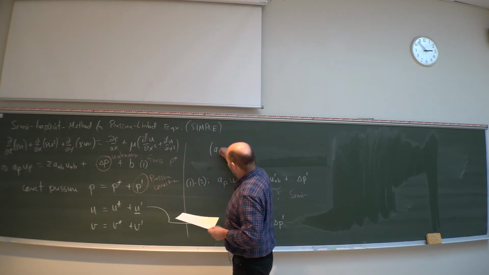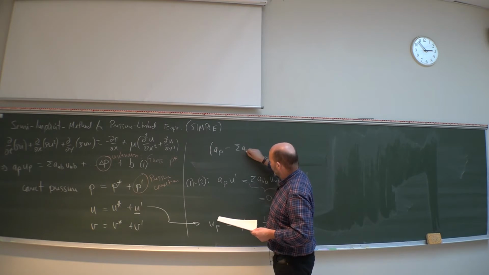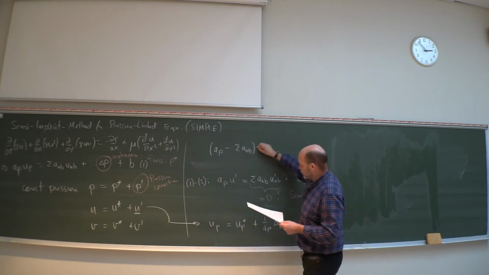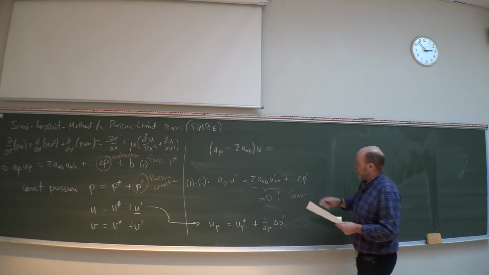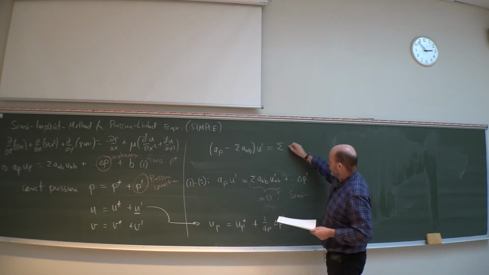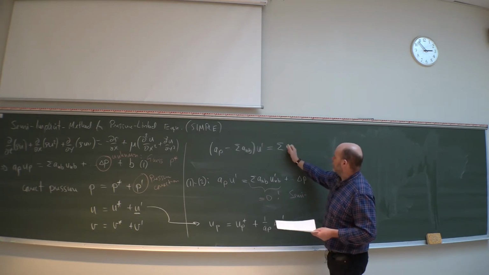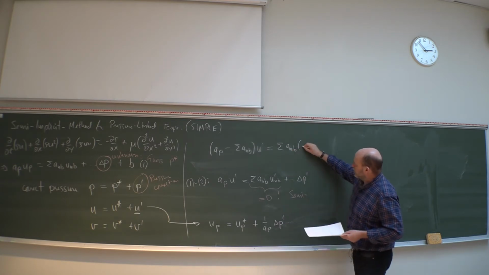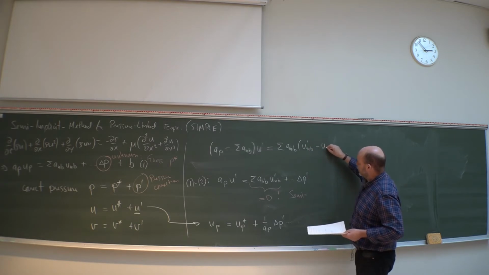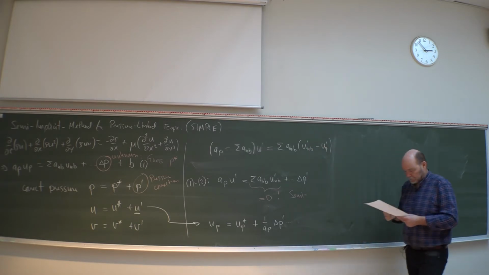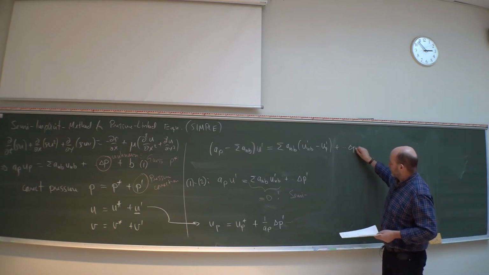You will then have a_P minus the sum of the neighbor coefficients, multiplied with the velocity, equals, on the other side, the sum of the neighbor coefficients multiplied with a velocity difference, u neighbor minus the center point velocity, and then the same here, plus something times delta p.